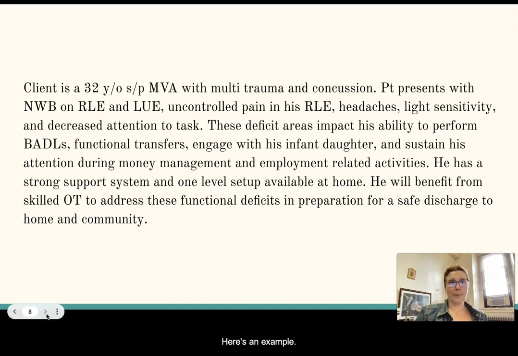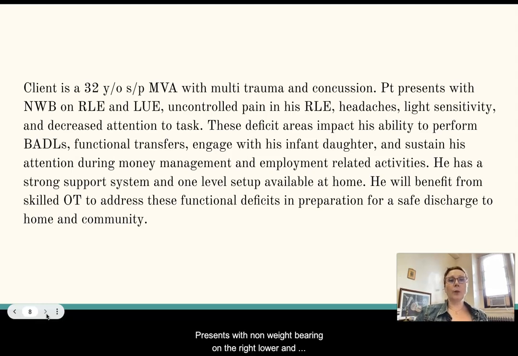So here's an example. The client is a 32-year-old male. Gender is no longer part of SOAP notes, and I can't get that out of my head. Client is a 32-year-old status post motor vehicle accident with multi-trauma and a concussion.